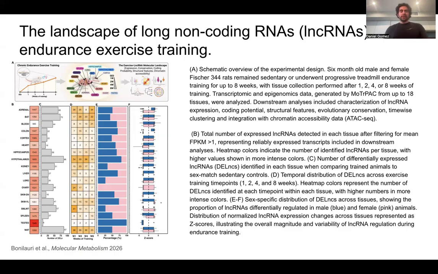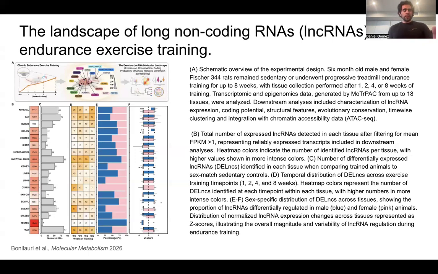Okay, so up top we see the schematic, which I went over, and then below it we see the total number of lncRNAs detected in each tissue after filtering for a mean FPKM greater than 1, and that represents a reliably expressed transcript for downstream analysis.